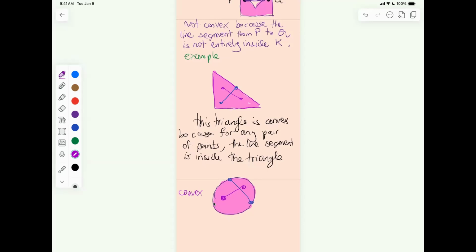It works for ellipses as well, the ellipse with its inside. Again, if you think about it, it makes sense in terms of the picture. But if you actually wanted to show it, it is a tricky thing. The easiest way to do it is using some linear algebra. There's sometimes a difference between doing a picture and getting convinced, versus actually doing it algebraically.